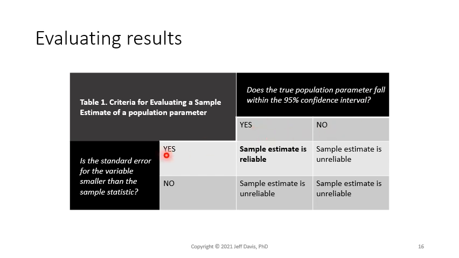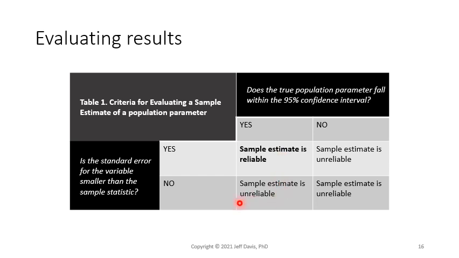Yes, no. You only have what would be considered a reliable sample if you answer yes to this and yes to the population parameter falling within the 95% confidence interval. This is the only condition under which you can say you have a reliable estimate.